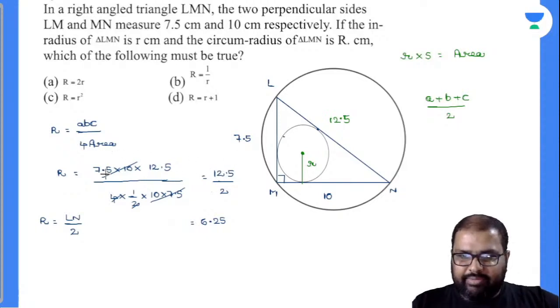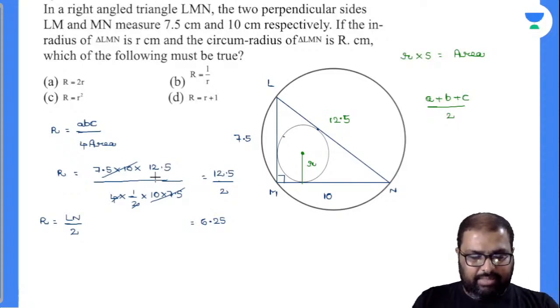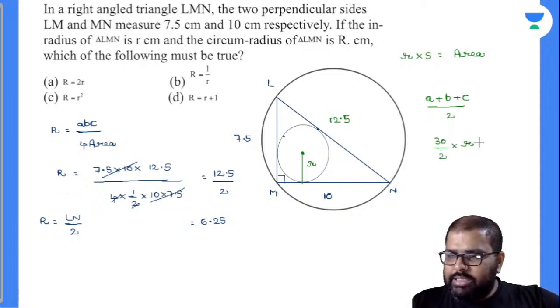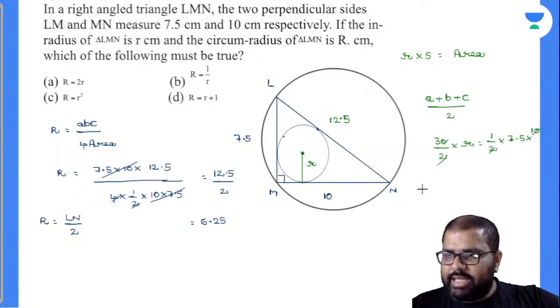So 7.5 plus 12.5 is nothing but 20, 20 plus 10 is 30. 30 divided by 2 into inradius small r is nothing but equal to the area of the triangle, half into 7.5 into 10.